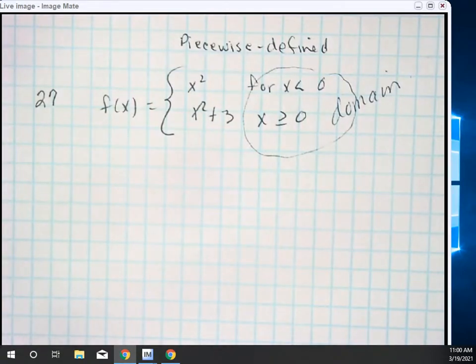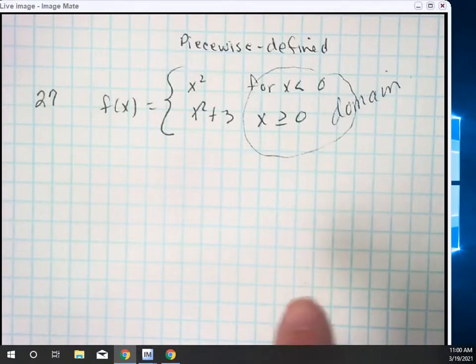And that tells you that you are splitting your graph into two different parts. If there are three pieces, then you are dividing your graph into three pieces. Does that make sense? Yes or no?